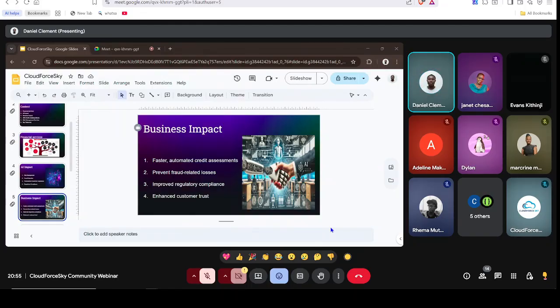So looking at how the financial industry wants to prevent fraud-related activities or losses, because day in and day out, without your knowledge, the bank or financial industry loses money maybe to wire fraud or ransomware or whichever fraud. Every day, every second, every year they lose money, but maybe you don't get to hear about it.